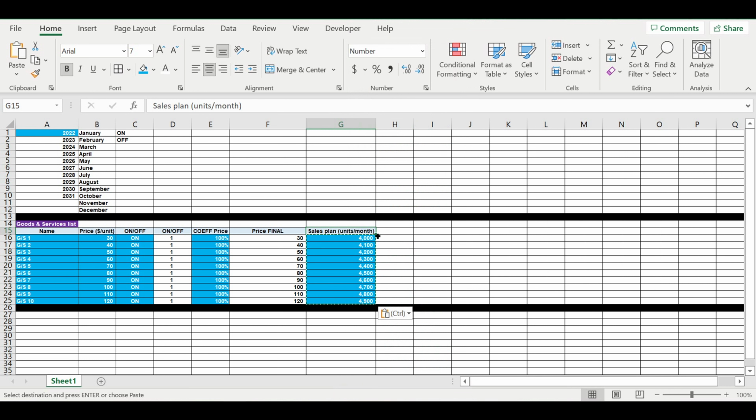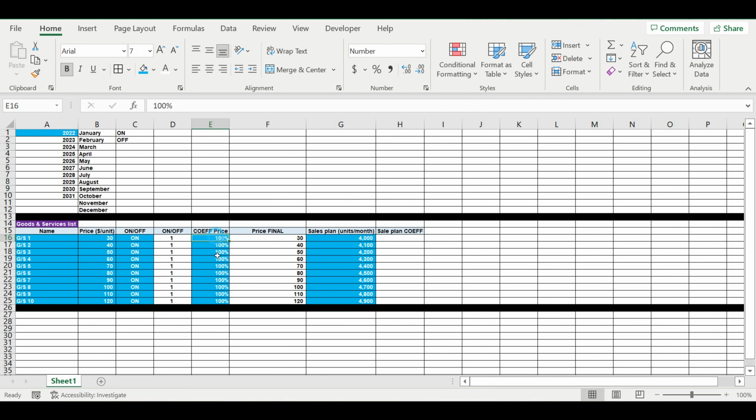Then we have coefficient to sales plan. Sales plan final.